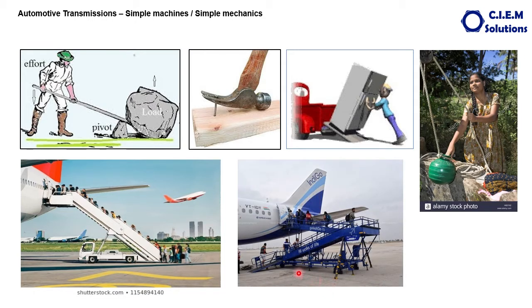Here is one more method of boarding the plane. The difference between these two: you can see the effort required by these people in boarding the plane by the ramp is comparatively lesser than the effort required by these people who are using the staircase. The simple difference is that the distance traveled in this ramp is higher than the distance covered through this ladder.